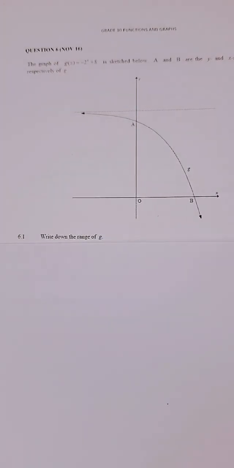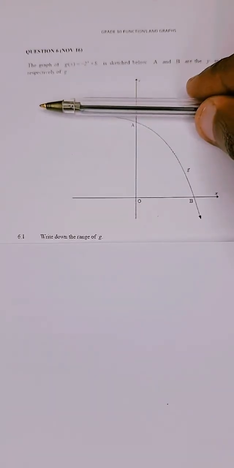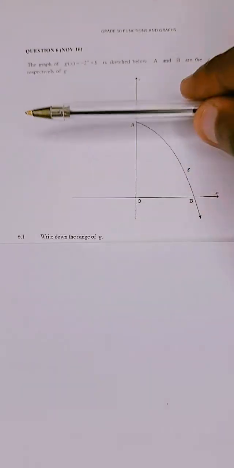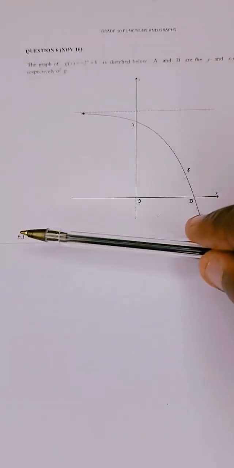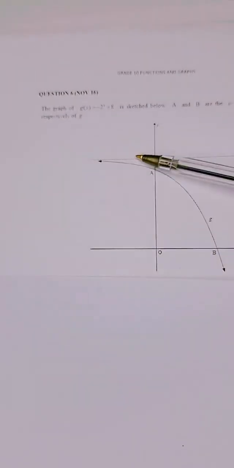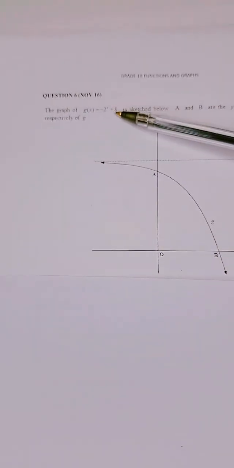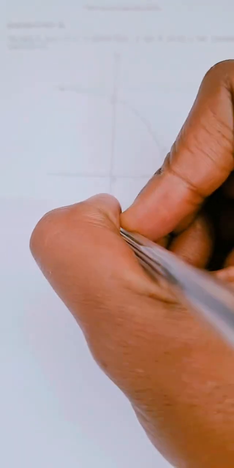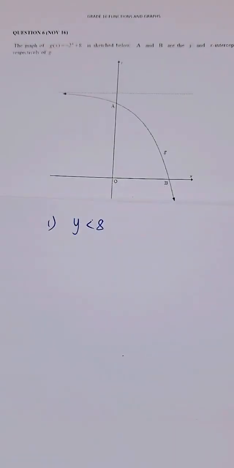It is existing everywhere below this boundary line. It doesn't exist above this boundary line. That boundary line is given by the q value, which is 8. So we know that line is y is equal to 8. We say that the range then is y less than 8.